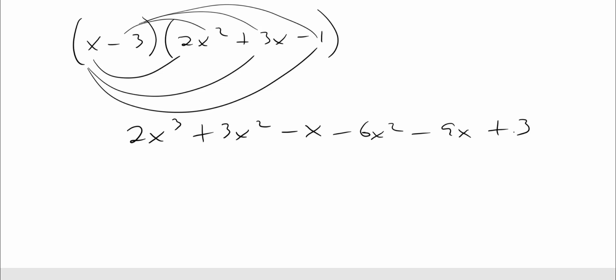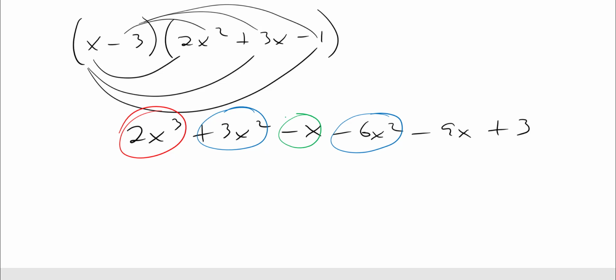Right? So if you notice, we have 6 terms here. And however you want to do it, if you want to combine your like terms by circling them, that is the only term for x cubed. For x squared is this one and this one. For x, it's this one and this one. And then, of course, that's my constant all by itself.